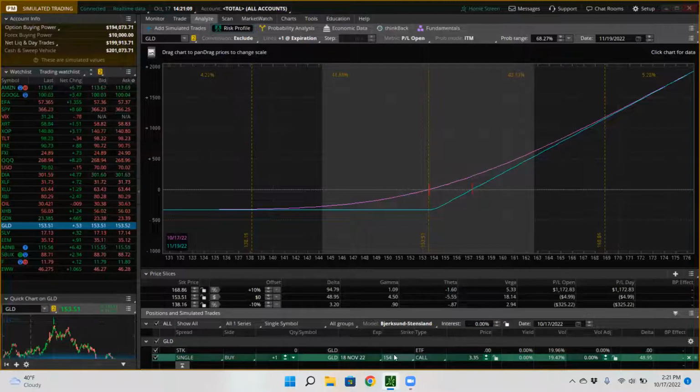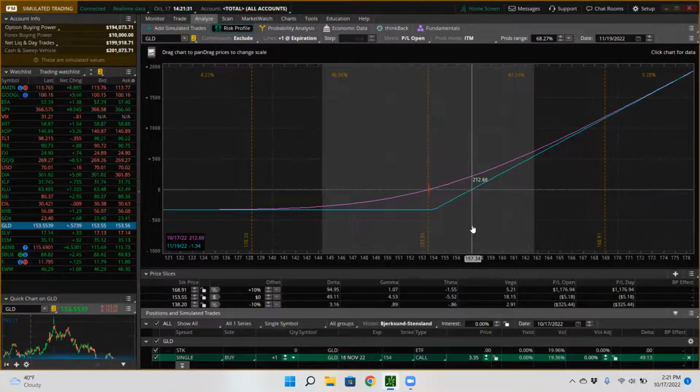If we look at our strike price that we bought at, 154, and we add what we paid for it, the 3.35, plus the 154 gives us 157.35. So 157.35 covers up the line. That is our break-even point at expiration.